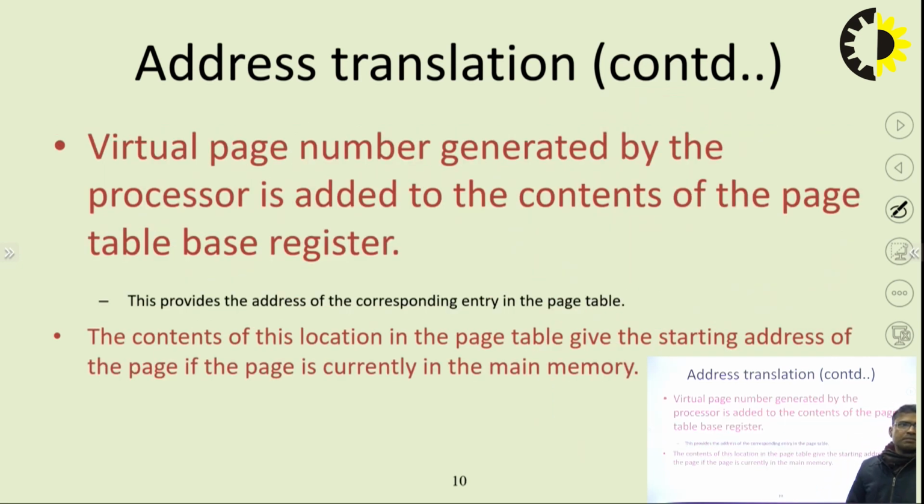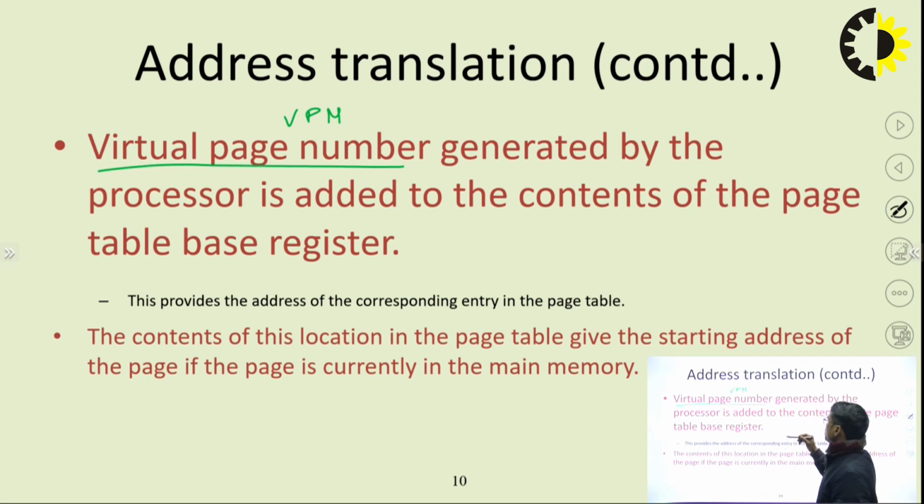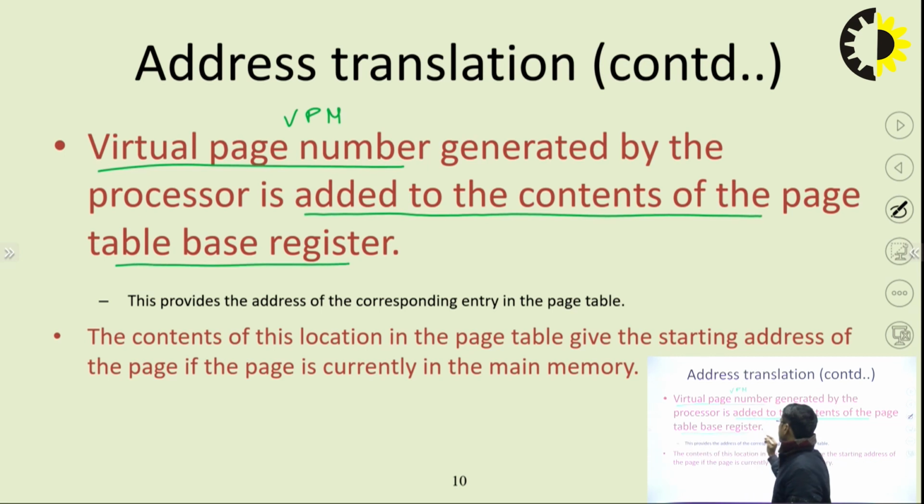So, the virtual page number generated by the processor is added to the contents of the page table base register. Whenever a virtual page number is generated by the CPU, it is added to the contents of the page table base register. So, what will happen?